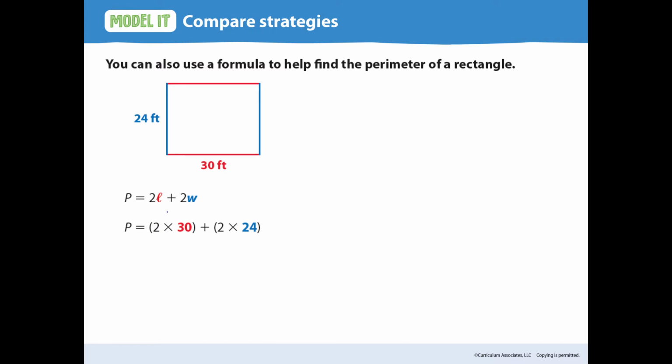So when we're looking at this formula, we have 2 times 30, and so the total of our lengths is 60, plus 2 times 24, and so the total of these widths is going to be 48. And then that gives us a little bit easier math that we can do, where we get 108 feet.